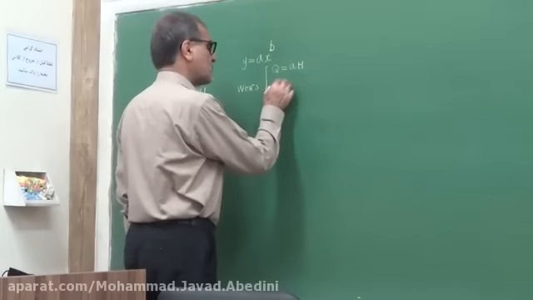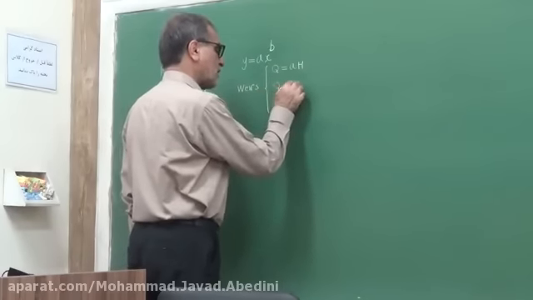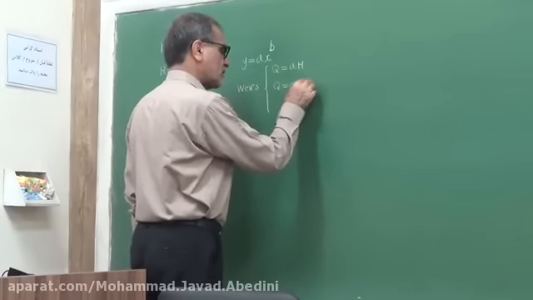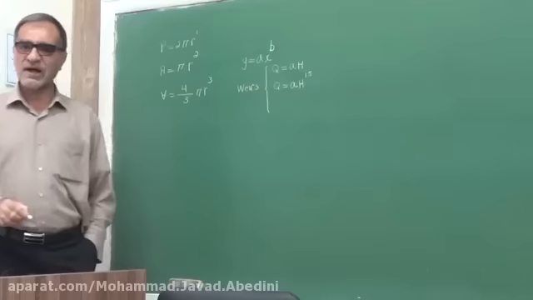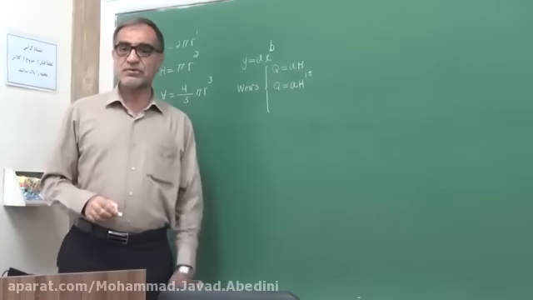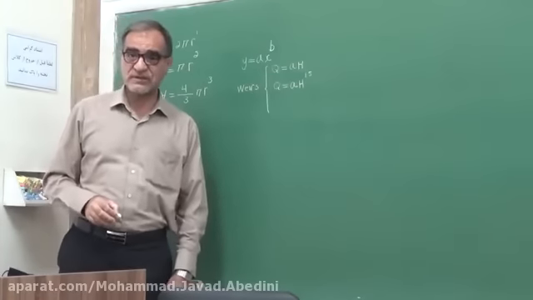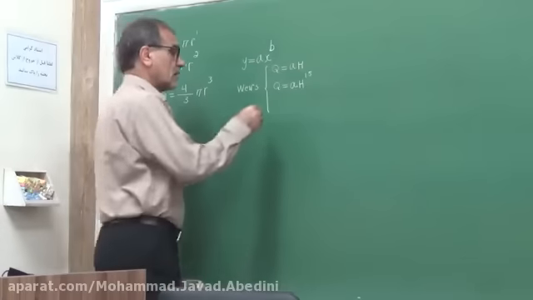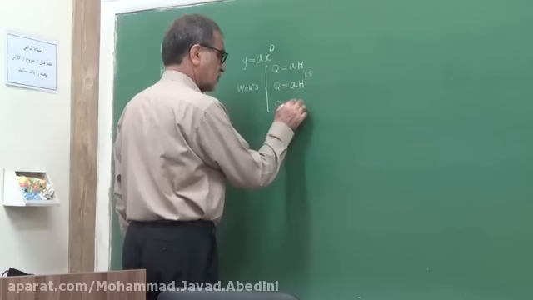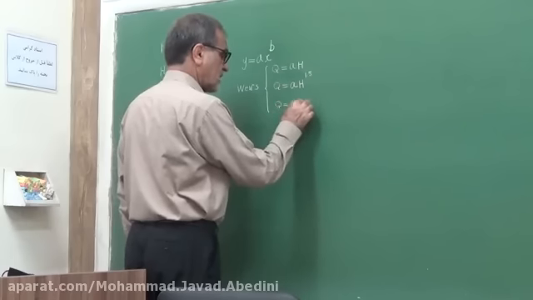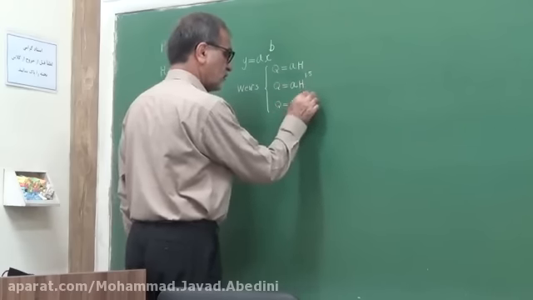You could have Q equal to AH to the power of 1.5, and this corresponds to a rectangular weir. And then you could have Q equal to AH to the power of 2.